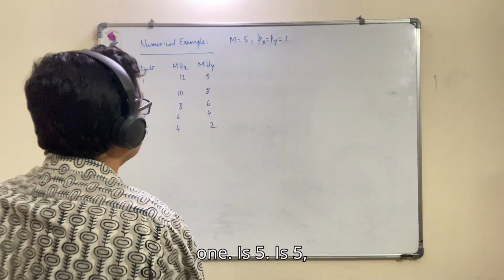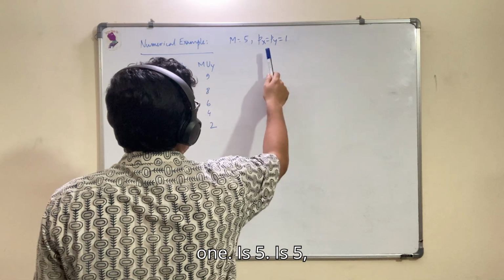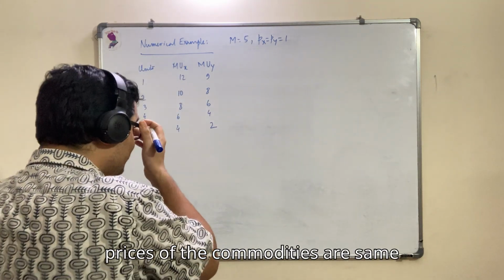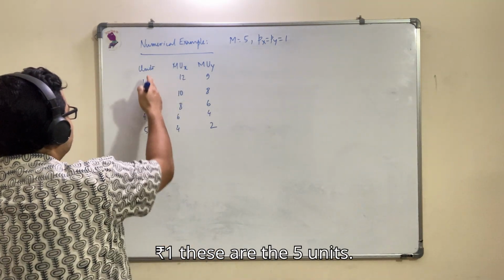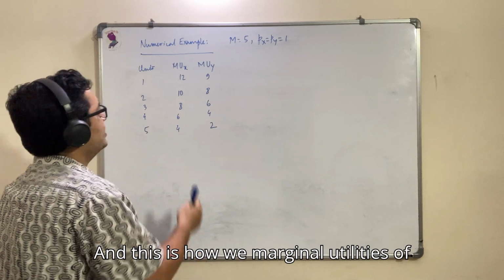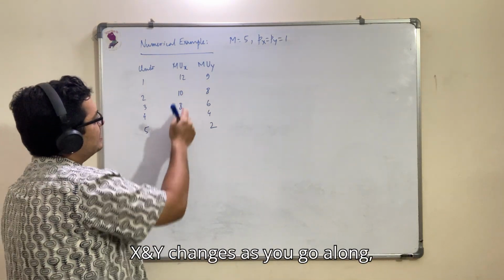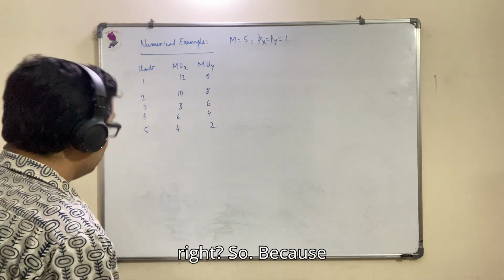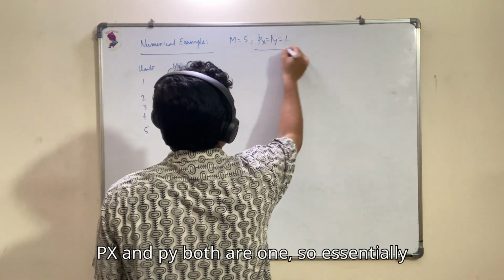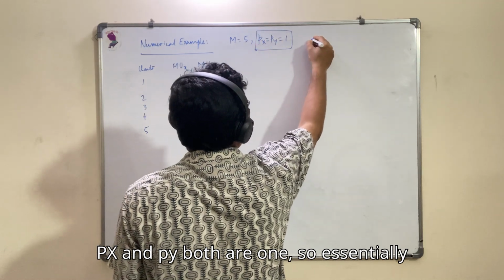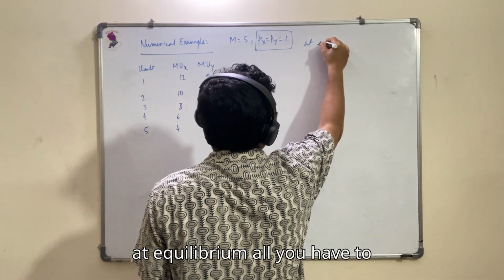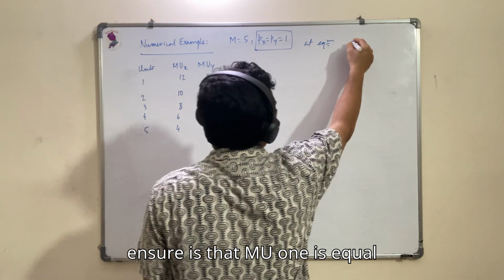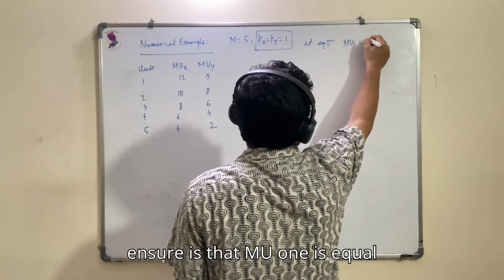It's a pretty easy one. Income is 5, prices of the commodities are the same, rupee 1. These are the 5 units, and this is how the marginal utilities of X and Y change as you go along. Alright. So because Px and Py both are 1, essentially at equilibrium, all you have to ensure is that MU1 is equal to MU2.